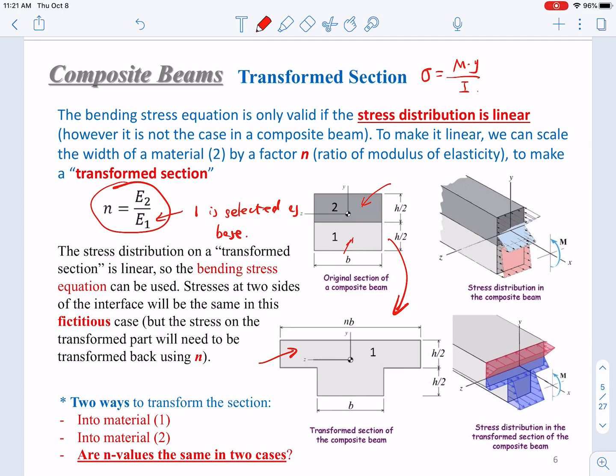When you transform material 2 into material 1, n1 equals E2 over E1. And if you transform material 1 into material 2, n2 equals E1 over E2. You can see that n1 times n2 equals 1. So one is larger than 1, and the other is smaller than 1.